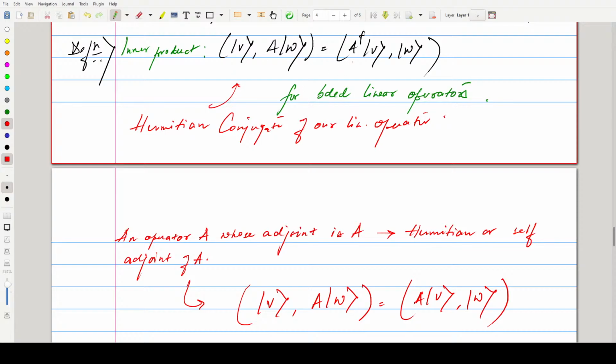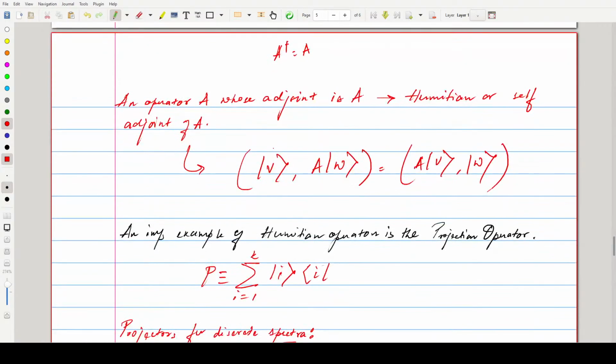And here we are essentially substituting our value of A dagger with A, because over here A dagger is equal to A, right? So this is how we are going to be defining what a Hermitian operator is. And yeah, if anyone has anything to say.